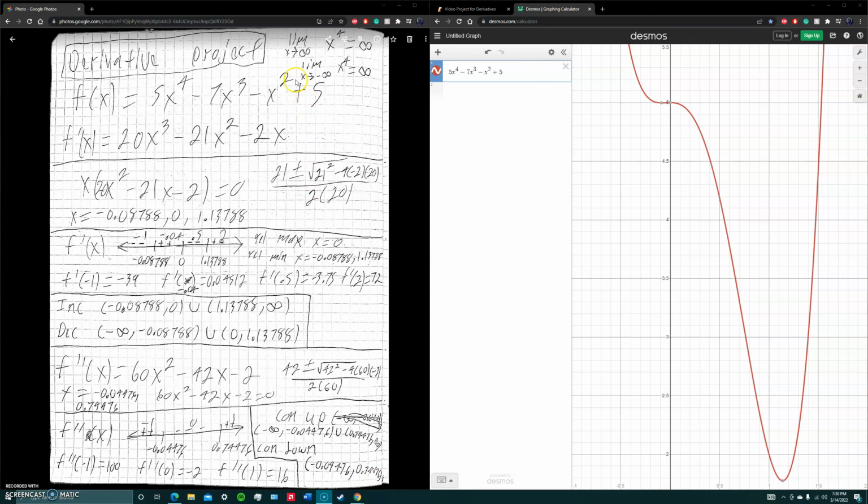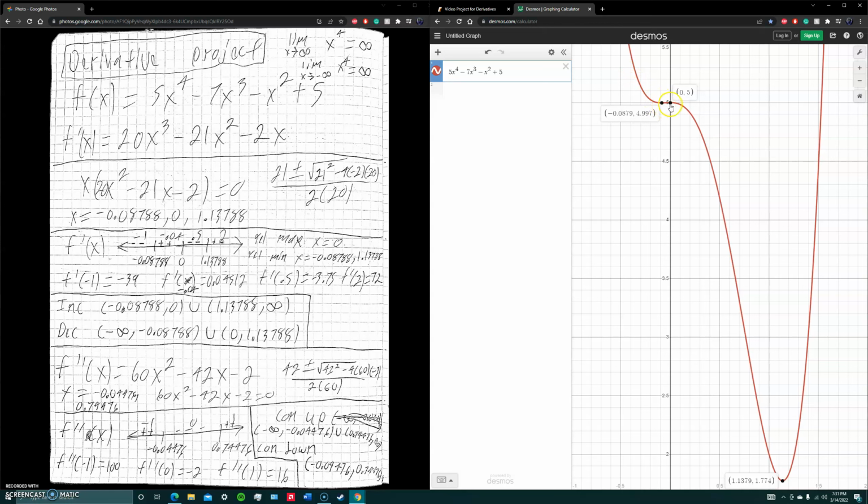And the limit as x approaches infinity for my polynomial was positive infinity. The limit as x approaches negative infinity is also positive infinity because I have an even number as my exponent. And as can be seen here, I have my three extremes in my graph, and from the left it can be shown that it is going down.